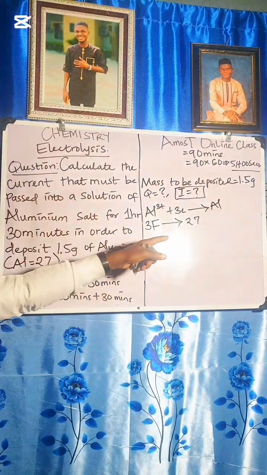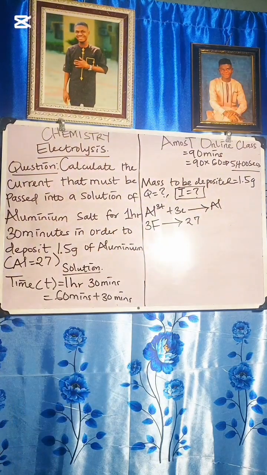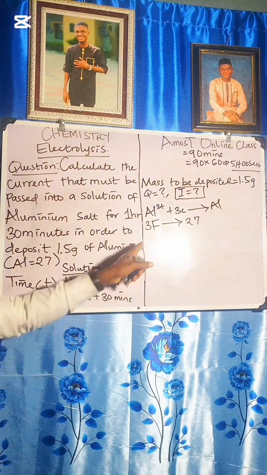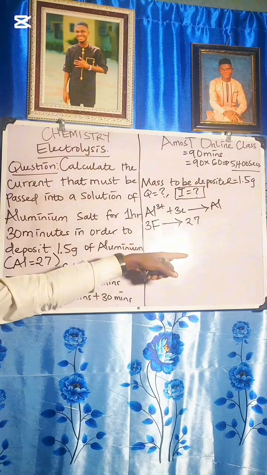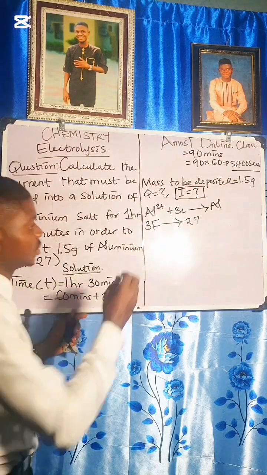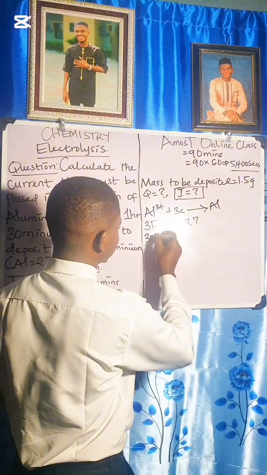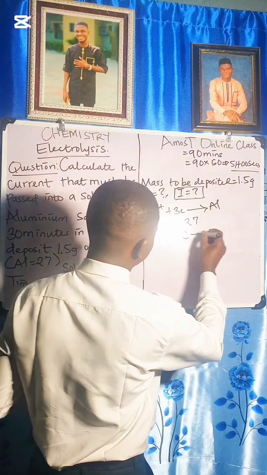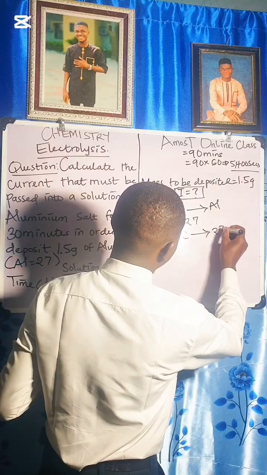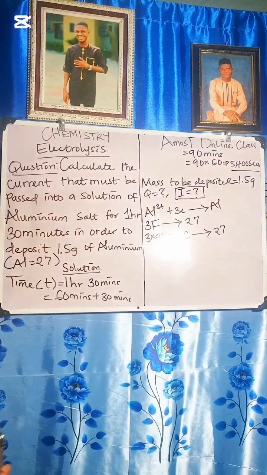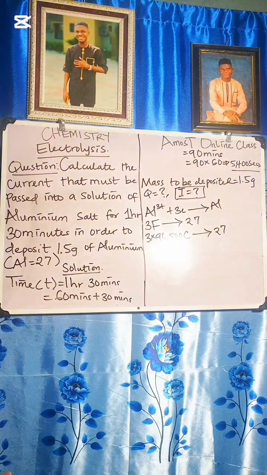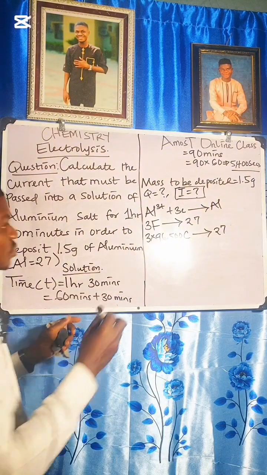So 3 Faraday will be required to liberate 27 grams of aluminium, and 1 Faraday is equal to 96,500 coulombs. So 3 Faraday will be equal to 3 times 96,500 coulombs, which gives us 289,500 coulombs.